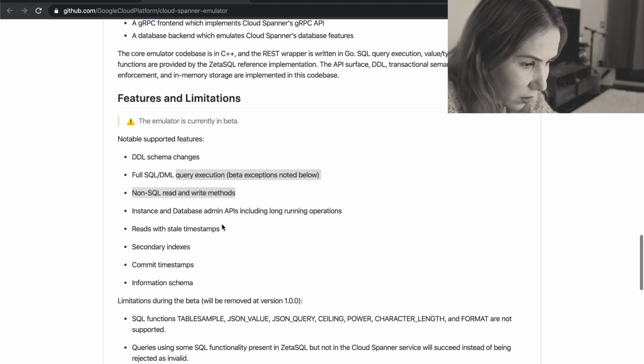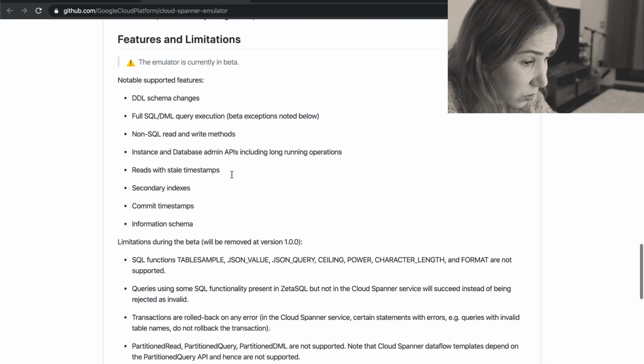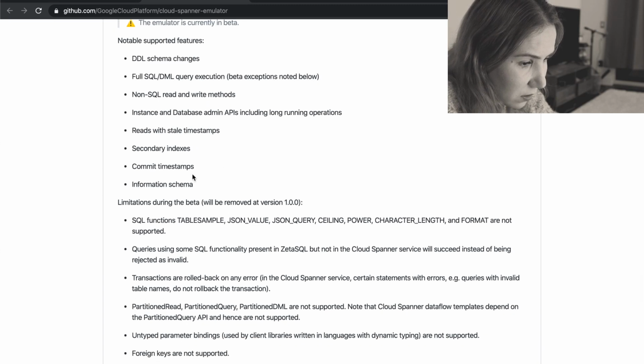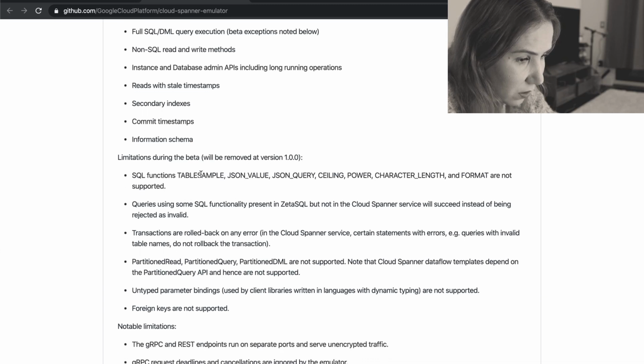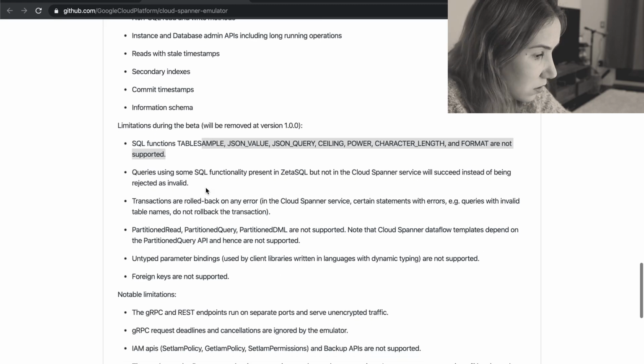That's good. Query. It supports read-write and database admin APIs, which is cool. It supports stale timestamps, secondary indexes, commit timestamp, information schema, but there are some limitations. These are the limitations.